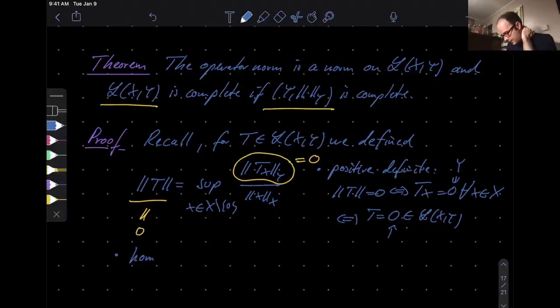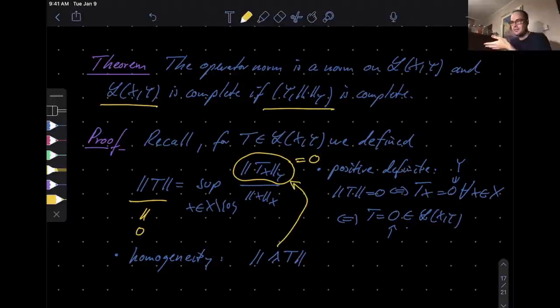The homogeneity, as usual, doesn't need any further comment. Because if you have a scalar in there, then the scalar will appear up here in that yellow bubble. But that yellow bubble itself is a norm, so it's homogeneous.